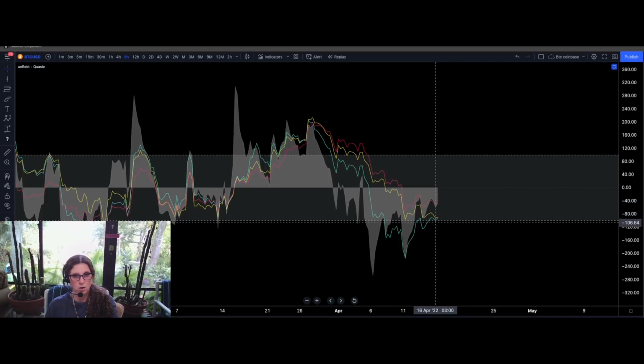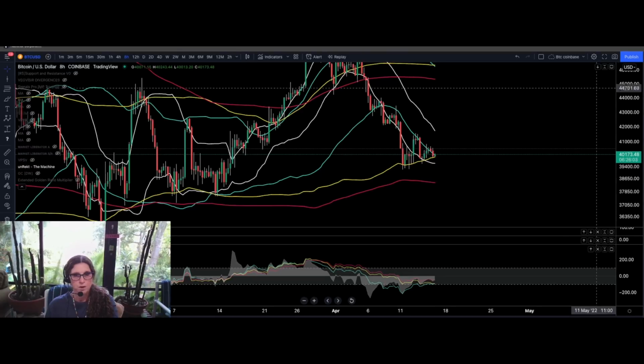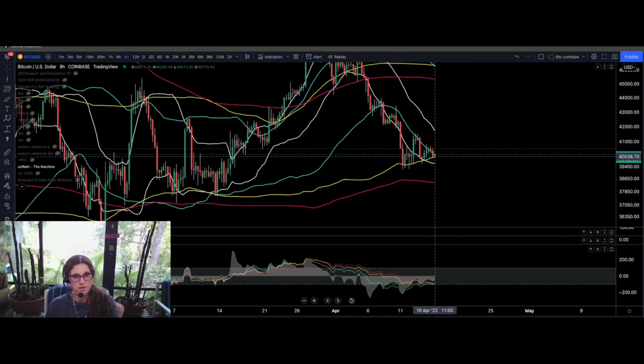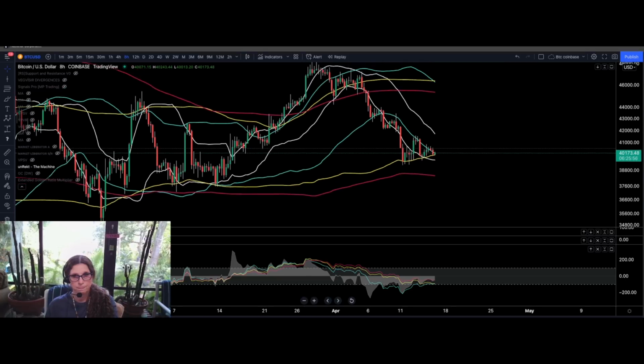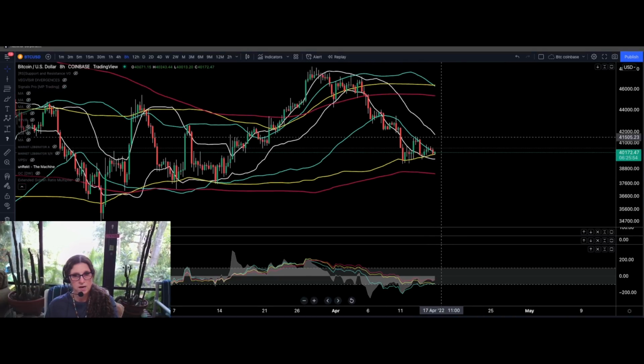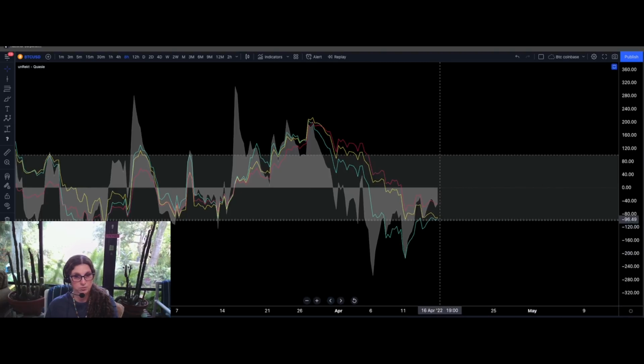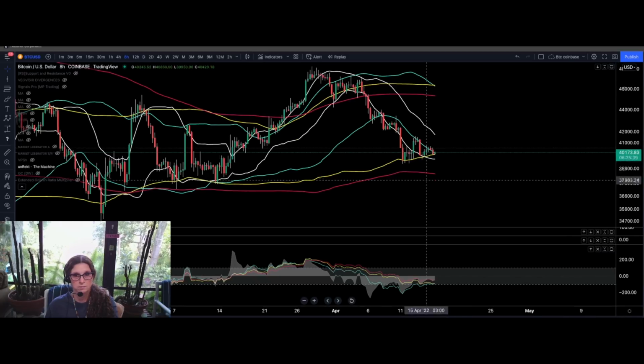Right now, they are all inside of the cage, which means that is why we're hanging on by a thread here. We're inside of white. We're hanging on to blue because blue is hanging on by a thread here, but it is inside. As long as it's inside, we're not breaking it. So we're hanging on to it.